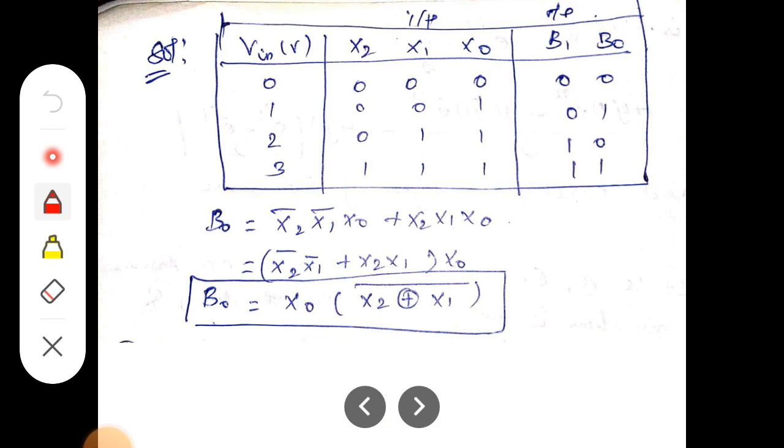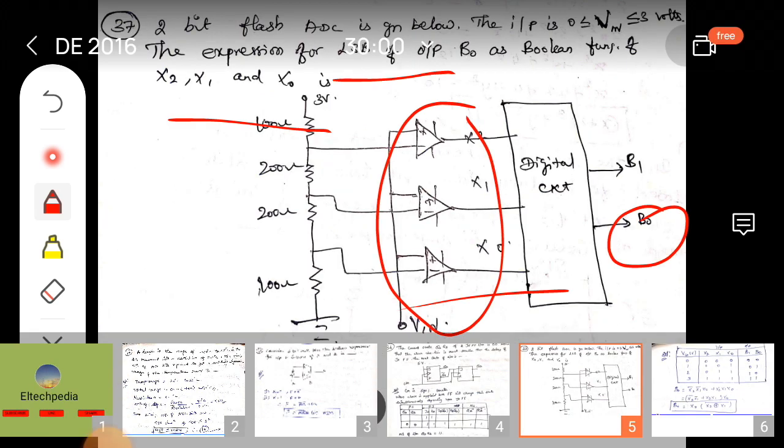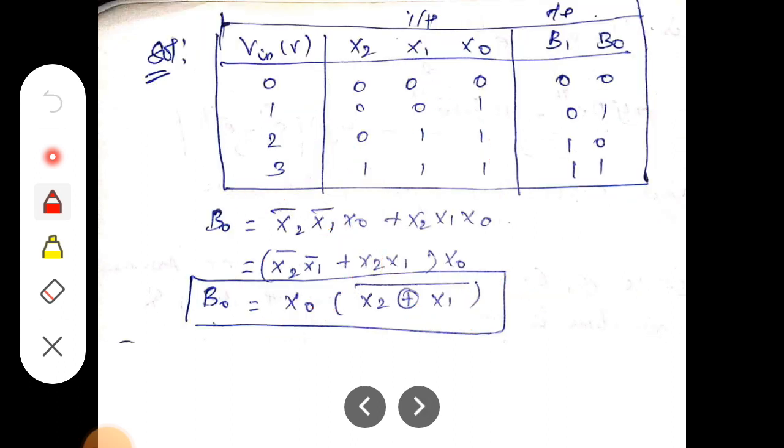The inputs total 4 combinations, that is 2 power 2. So here the input is considered as 4 combinations. Totally these 4 combinations are the combined input. So here the provided output function of B0 will be rewritten as 0 1 2 3. For this consideration we take 4 values.